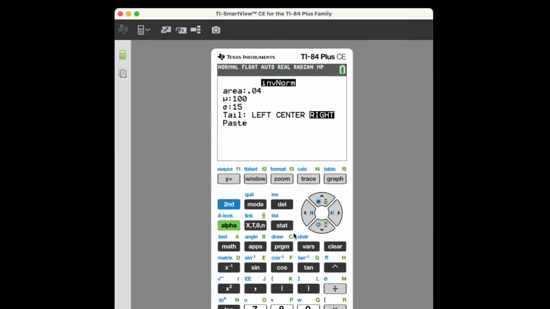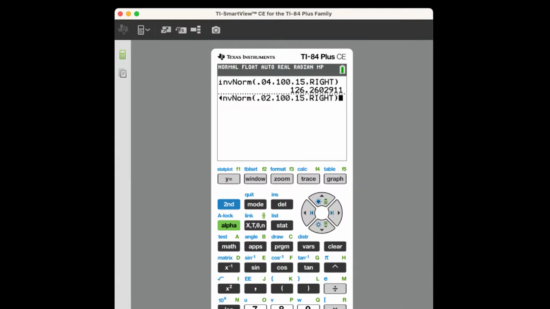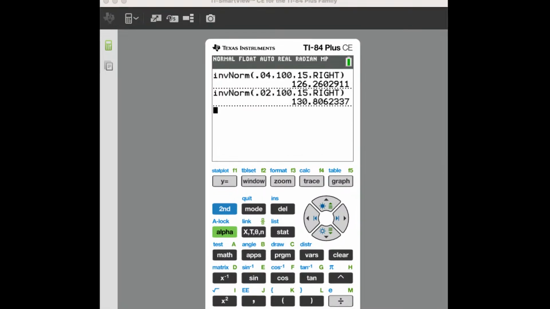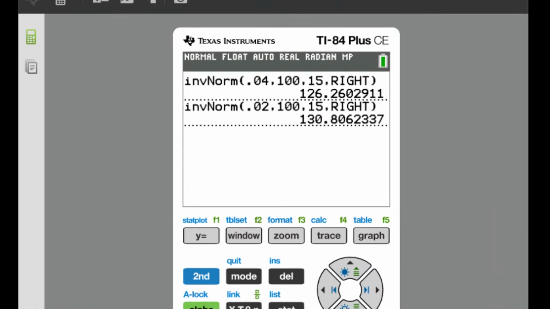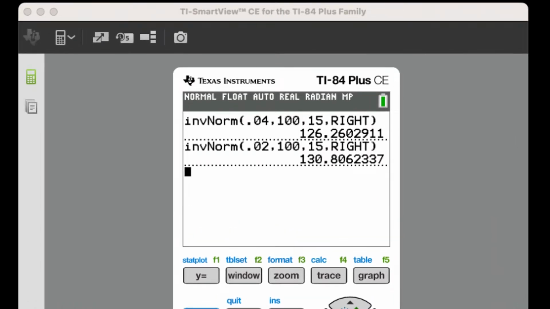This is now the inverse norm. How do you write 2%? 0.02. Isn't that the same mean, the same standard deviation? Isn't this 2% in the right tail? You with me on that? 2% in what tail? The right tail, because it's the top 2%. If you hit enter, what IQ score do you need now? Go to the nearest whole number, 131.